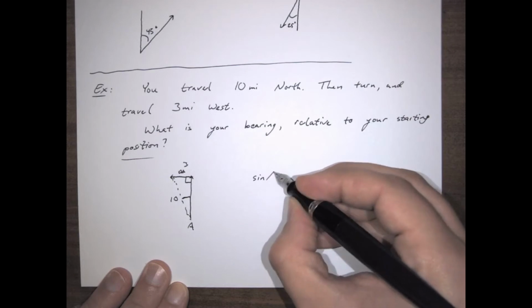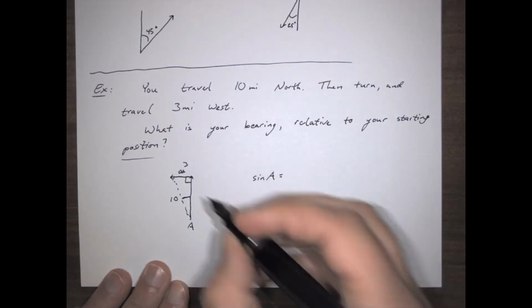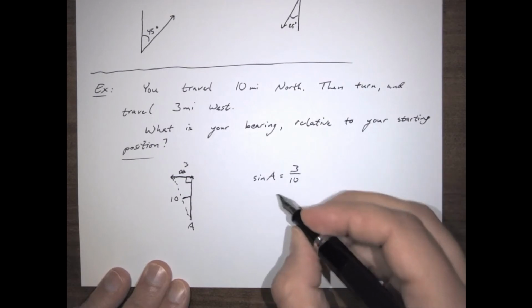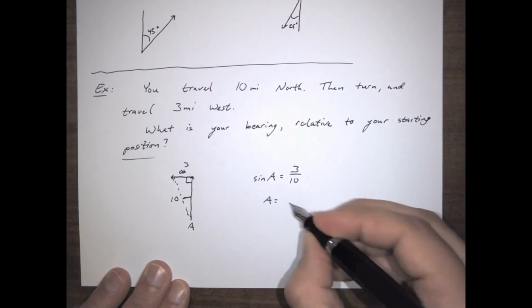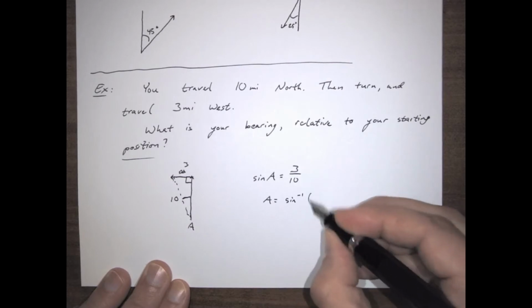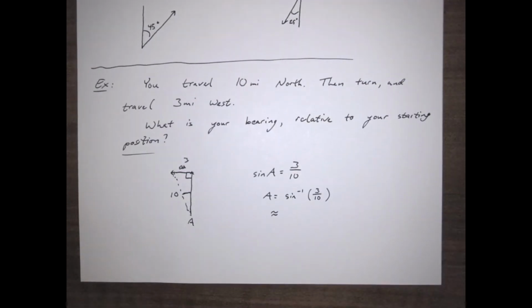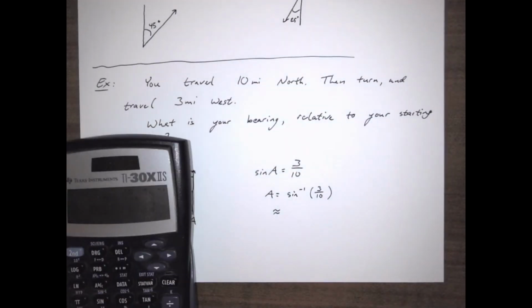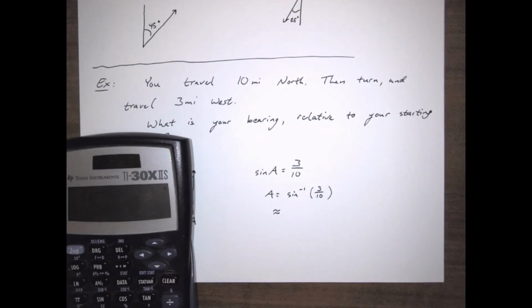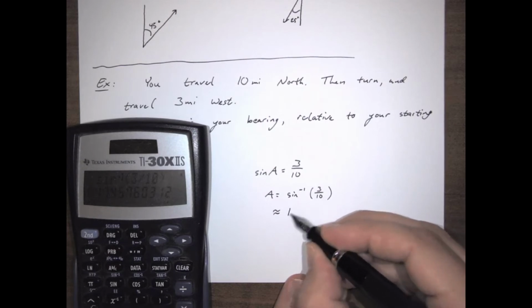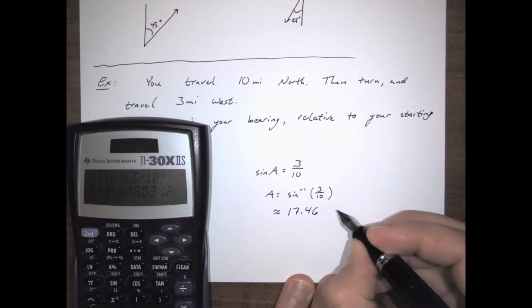So sine of the mystery angle A is equal to the opposite over the hypotenuse, which means A is equal to the sine inverse of that, which would be approximately 17.46 degrees.